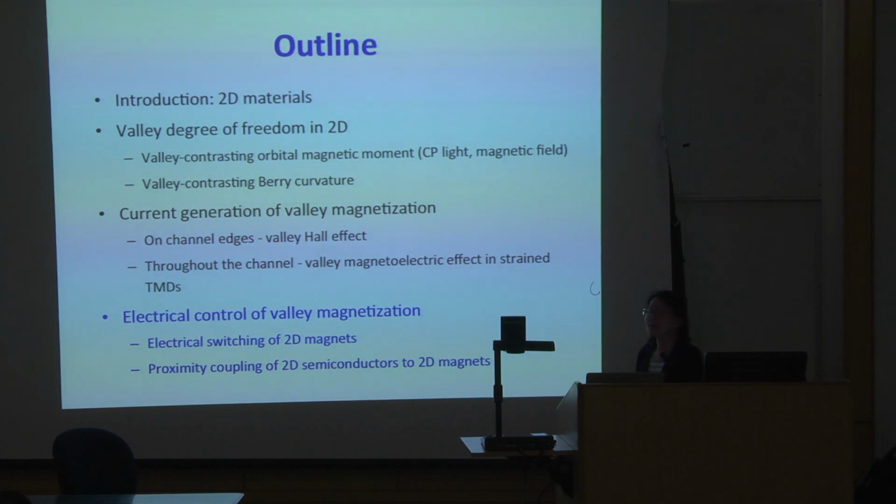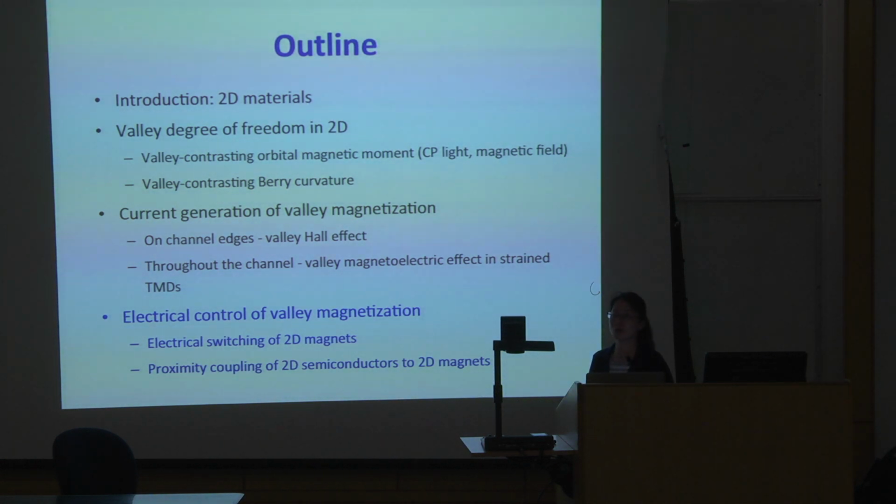to summarize, I mainly talked about the valley degree of freedom in two-dimensional transition metal dichalcogenides, monolayer molybdenum sulfide and tungsten selenide, and the two valley-contrasting physical quantities, the orbital magnetic moment and the Berry curvature, are extremely important.